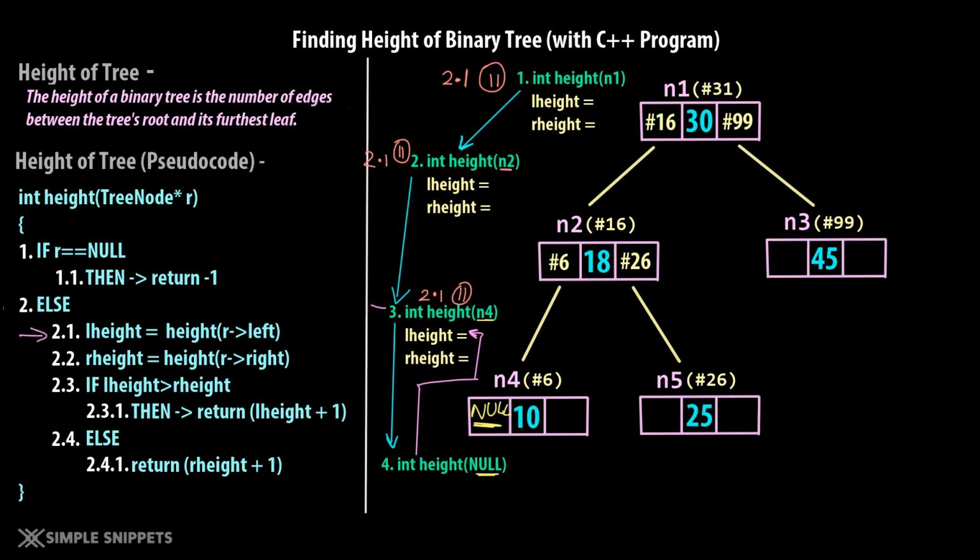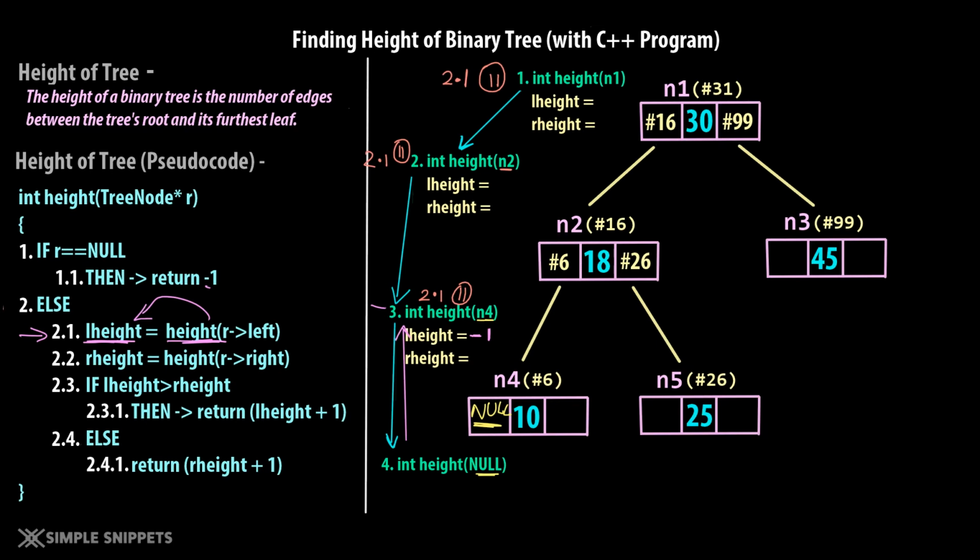At step number 2.1, you can see we are saying L height equals the height function call, which means that the L height variable will store some value returned by the fourth int height call, and we just said it is returning -1. So -1 will be stored in this L height variable. Okay, so I hope you're understanding. Let me do a return arrow. It returned with -1, and -1 was stored in this L height variable of the third function call.